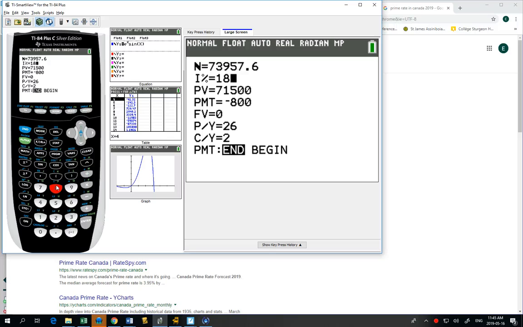So now, if I'm going to mortgage it over 25 years, I'll go back to paying monthly. How much would I have to pay a month to buy this same house in the 1980s? I would have had to pay $1,000 a month over 25 years for that house. How much would that house have cost me in the 1980s?